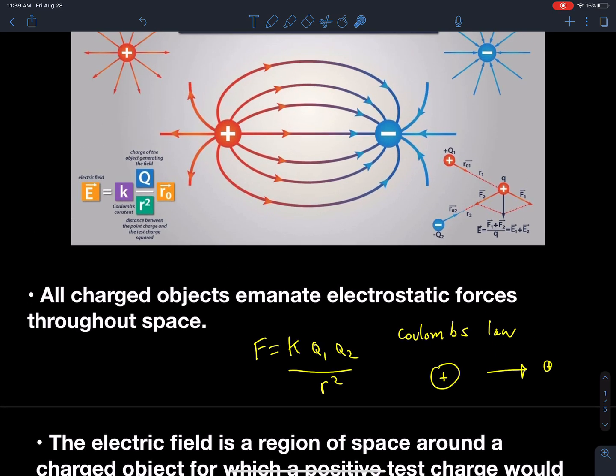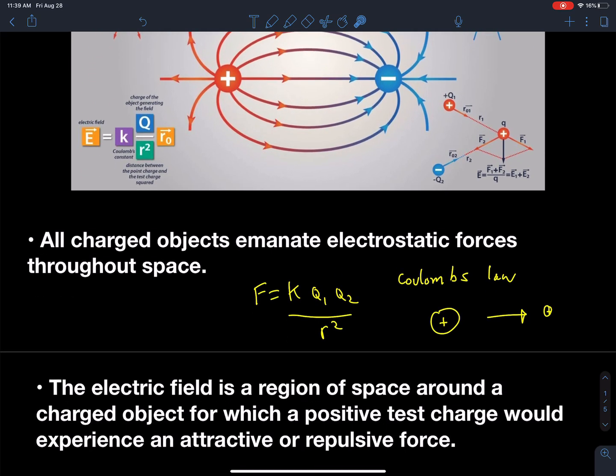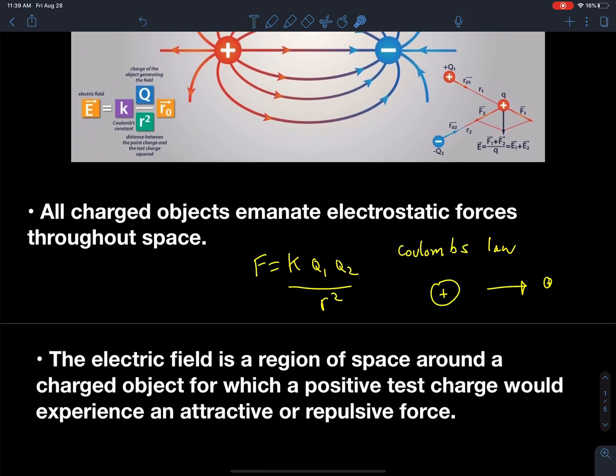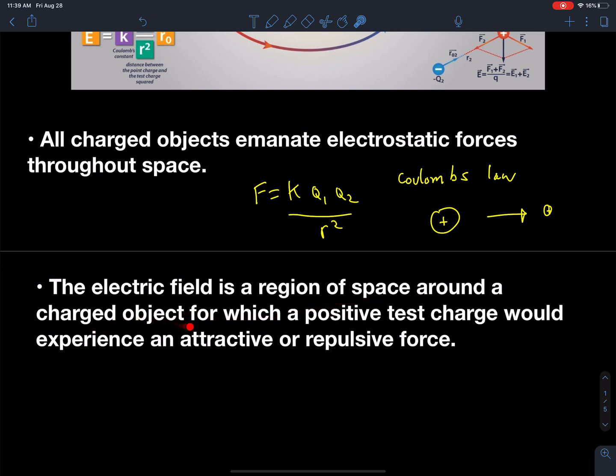Okay, so knowing that, the electric field around an object is the region of space around a charged object for which a positive test charge would experience an attractive or repulsive force. So if you take a look at that little statement here, you would see this term positive test charge. That appears everywhere.